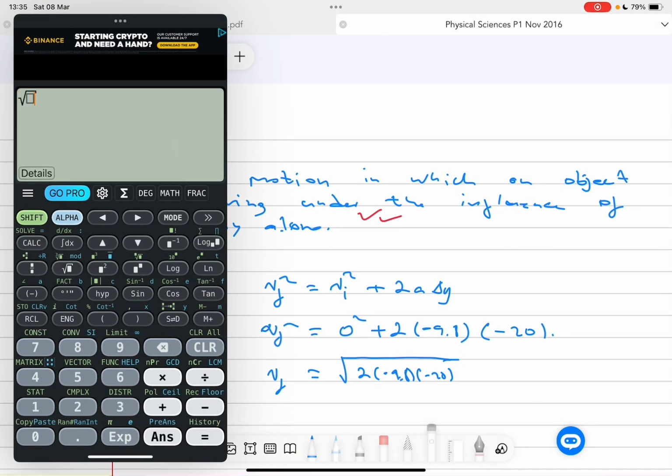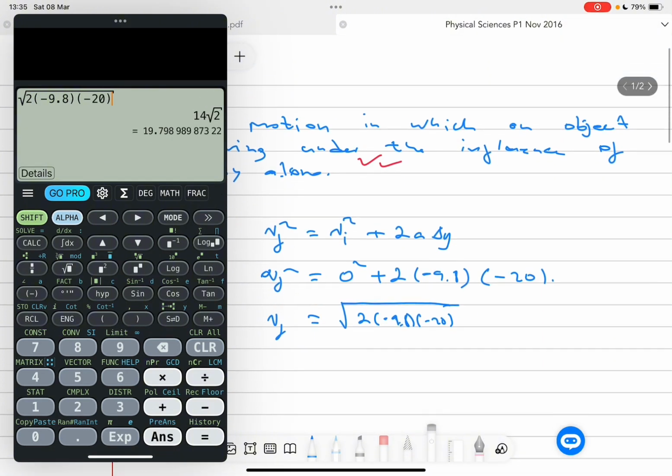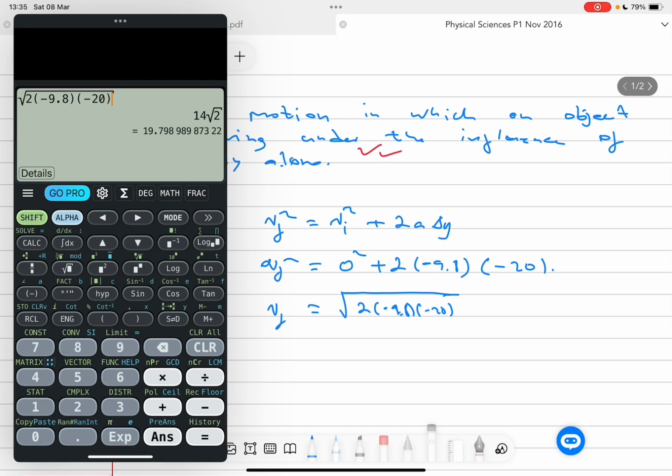Now I can use my calculator here to say 2 times negative 9.8 times negative 20. And that gives me a final velocity of, remember here when you put the square root, you have plus or minus.